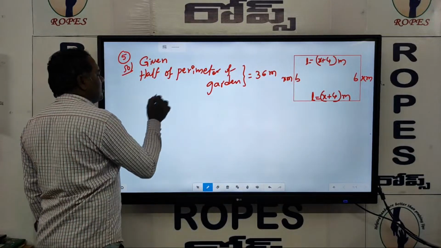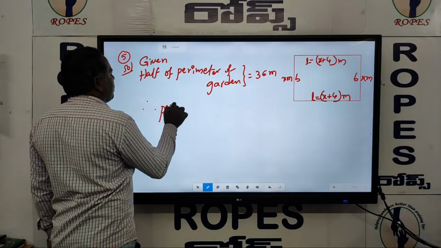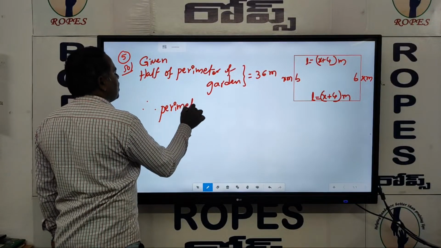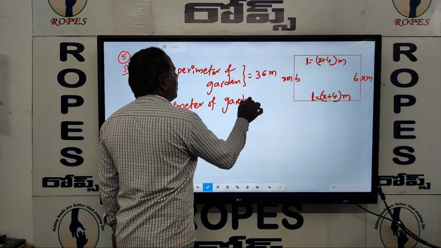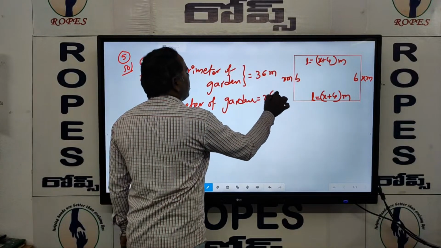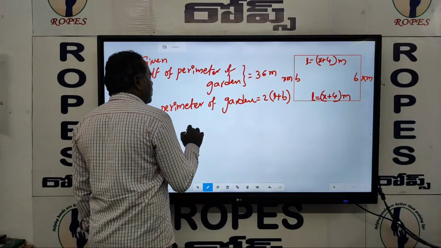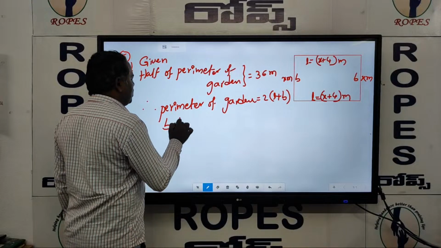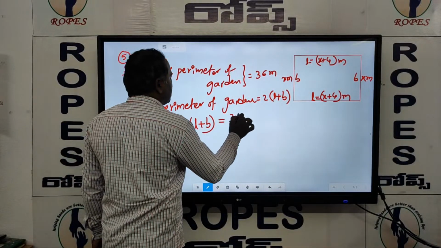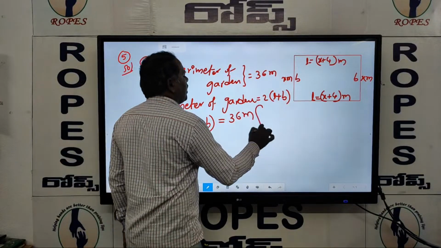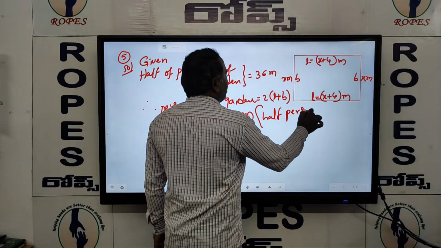Therefore, perimeter of the garden is equal to 2 into (L plus B), but they have given only half. So L plus B is equal to 36 meters. Here they have given the half perimeter.